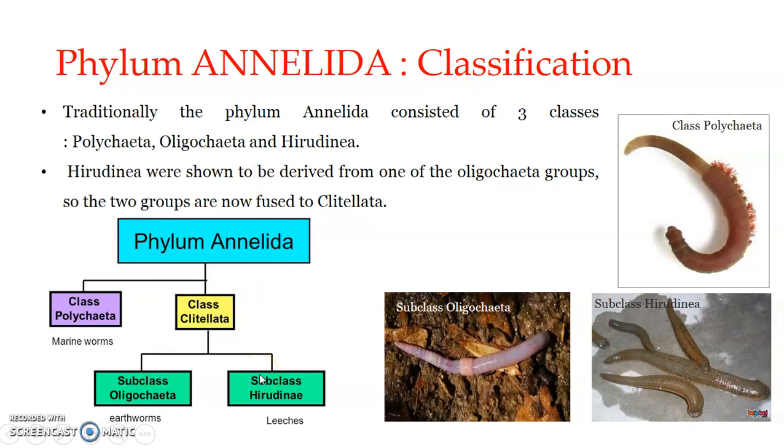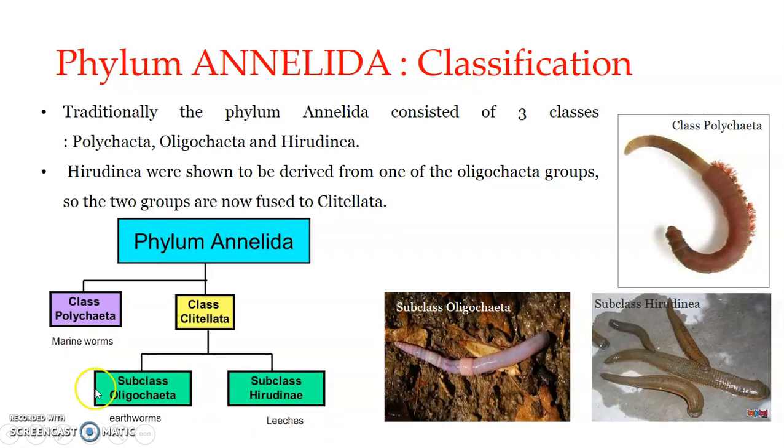So now phylum Annelida is divided into two classes: class Polychaeta, which includes marine worms, and class Clitellata, which can be divided into two subclasses: subclass Oligochaeta and subclass Hirudinea. Subclass Oligochaeta includes earthworms, and subclass Hirudinea includes leeches.